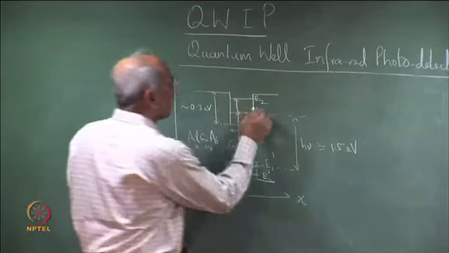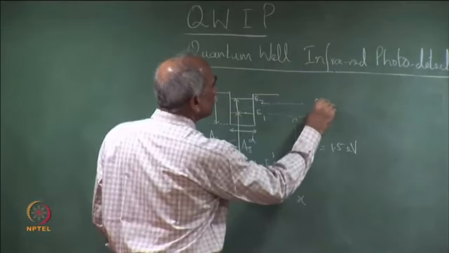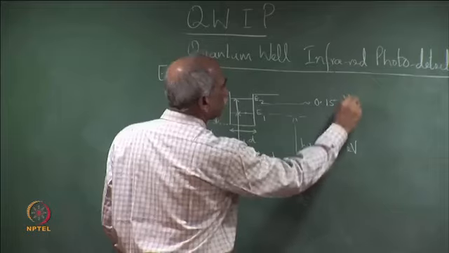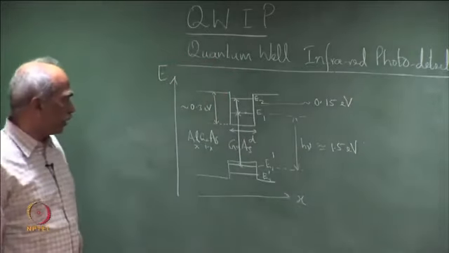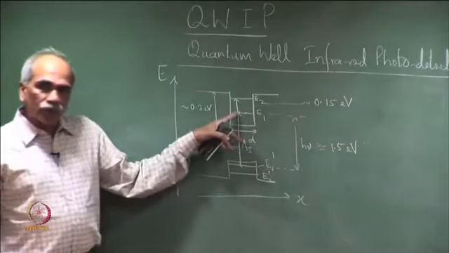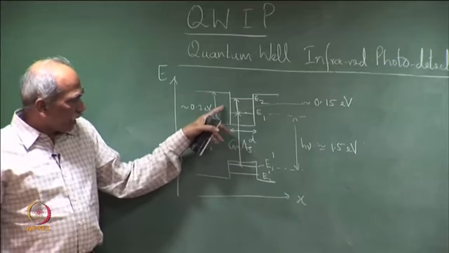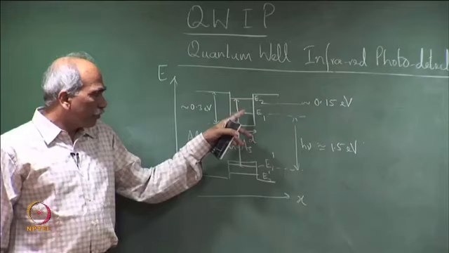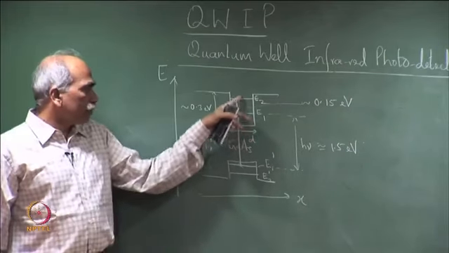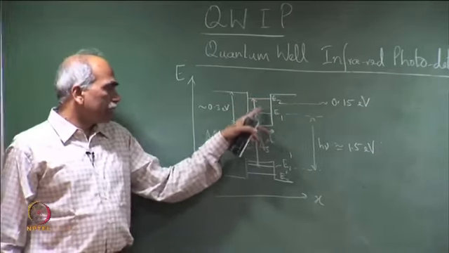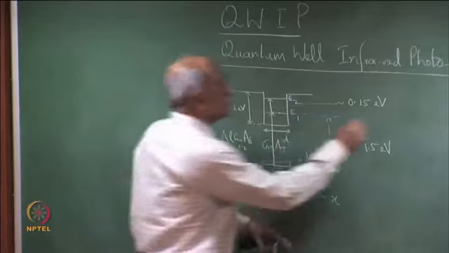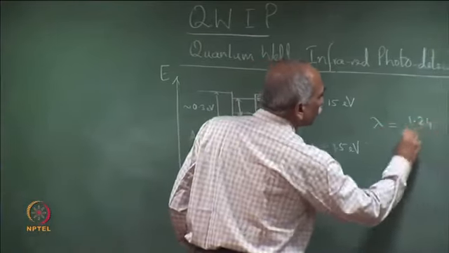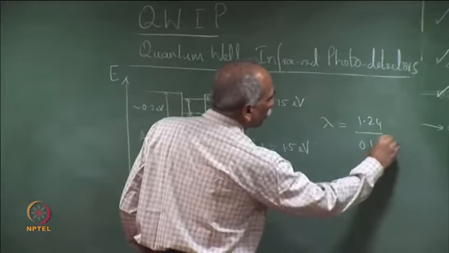This difference could be of the order of 0.15 eV, 150 meV, which means the photons which can result in an electron going from E1 to E2 by absorption correspond to a wavelength lambda equal to 1.24 divided by 0.15 eV.